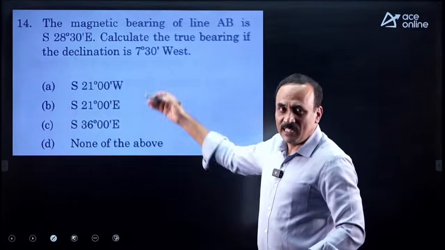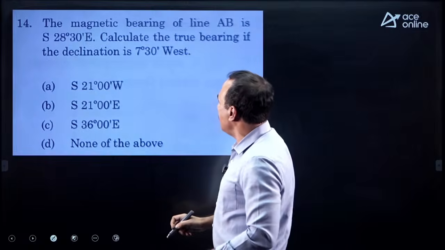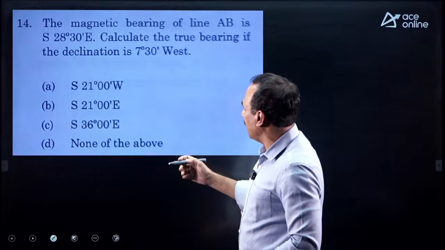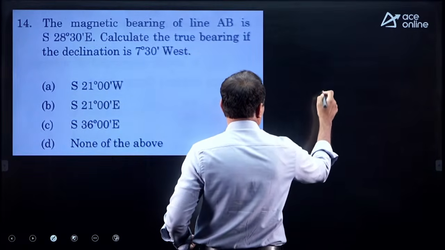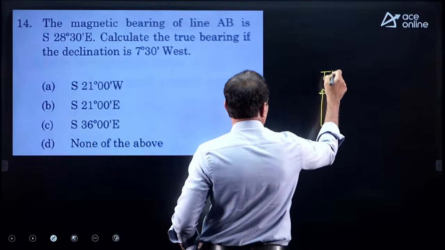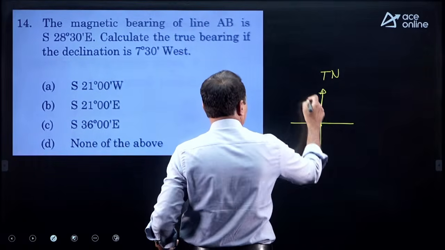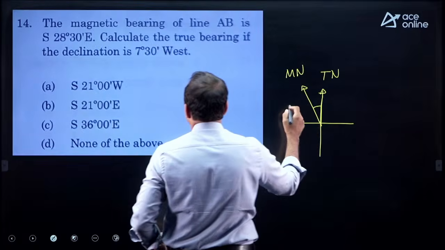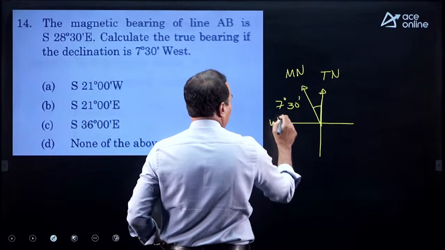Coming to the next question, it is a slightly numerical question. The magnetic bearing of a line AB is given. Calculate the true bearing of the line if the declination is 7 degree 30 minutes east. Say this is our true north, and the magnetic north is towards west, 7 degrees 30 minutes.